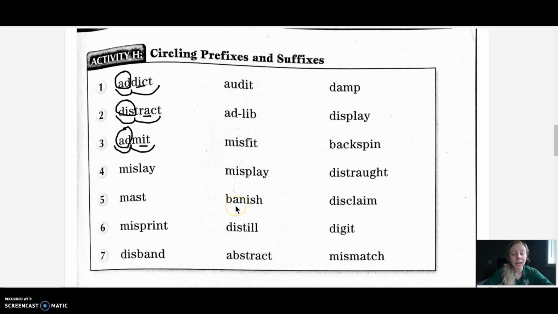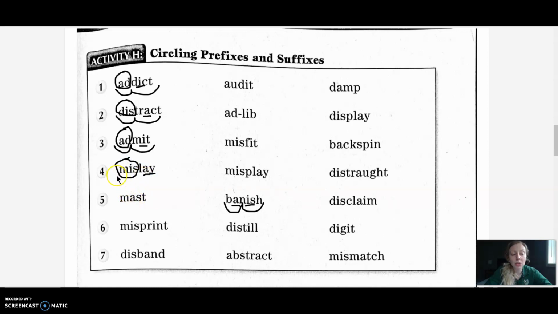Okay, now let's go to ones that do not have any prefixes. Let's talk about this one again. So for this one, you're just going to do what we did in the first activity in this lesson. We're going to underline our vowels, and we're just going to break it up. Vanish, okay? So again, circle your prefix, underline your vowel combinations.